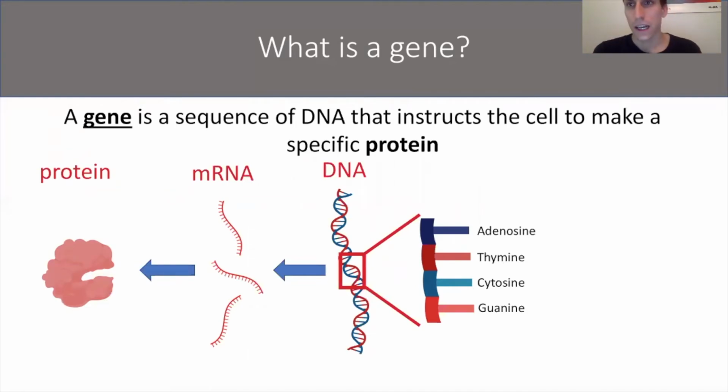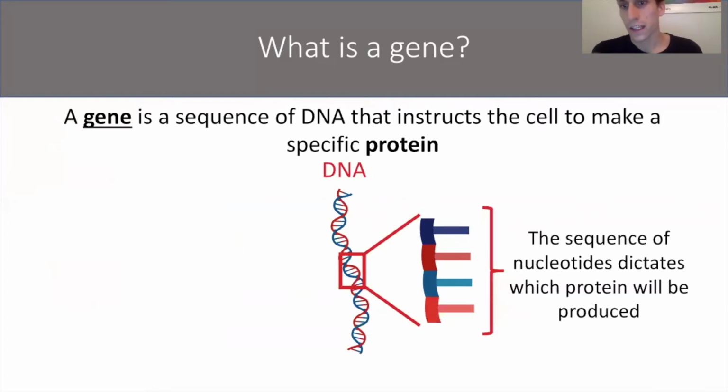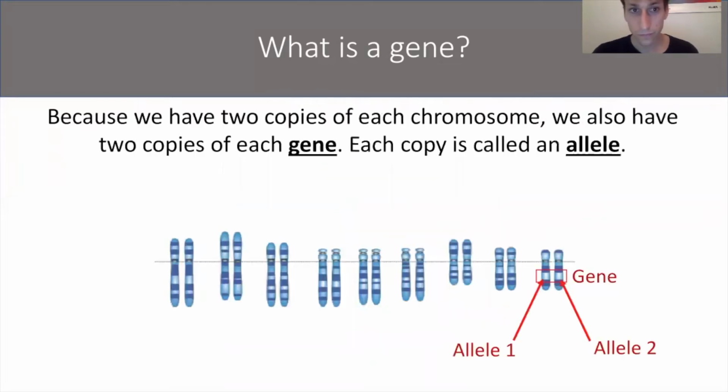And a specific stretch of DNA that encodes for a single protein is known as a gene. And the specific sequence of nucleotides within the DNA stretch, or within a gene, dictates which protein will be produced. And because we have 2 copies of each chromosome, we also have 2 copies of each gene.